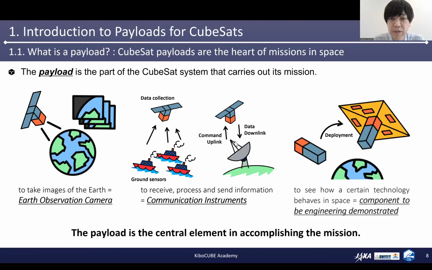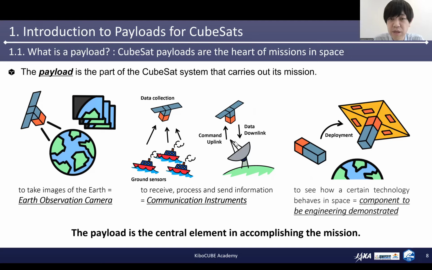For a payload example, if you want to take an image of the Earth, you need an Earth observation camera. If you want to receive ground sensor data and uplink commands, process and send information to ground stations, you need communication instruments.